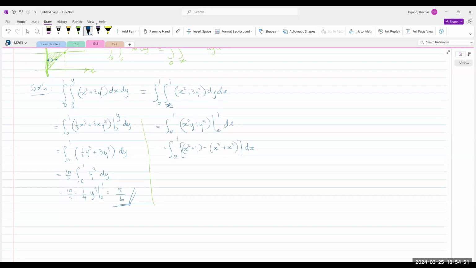Combining like terms, I get x squared plus 1 minus 2x cubed dx. I will get 1/3 plus 1 minus 2/4, from 0 to 1, right? That's 1/2, since 1 minus 1/2 is 1/2. So 1/2 plus 1/3, that's 5/6. The same thing, huh? Okay, I think that's where I want to stop.